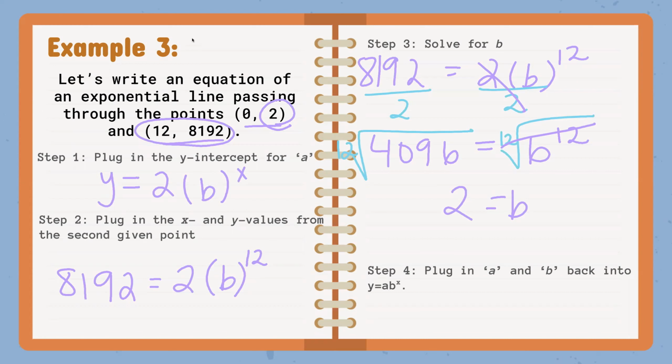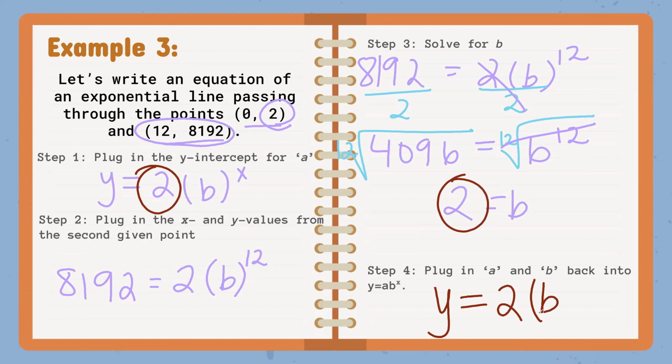So I now have my final equation. Y is equal to A times B to the x power.